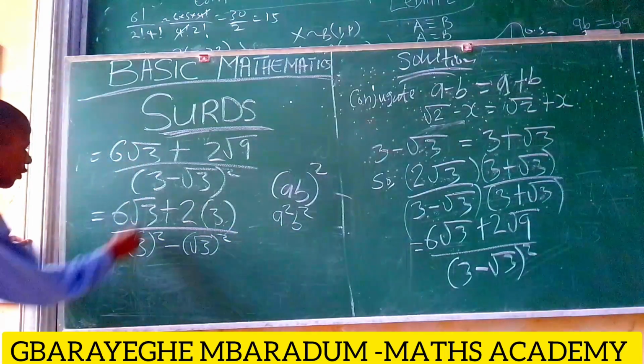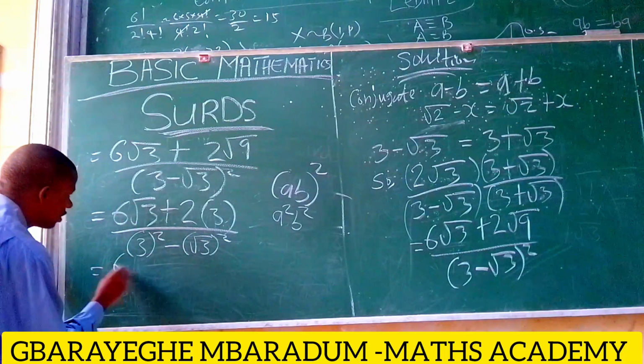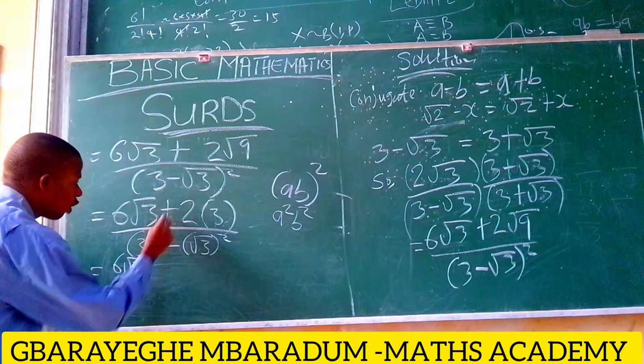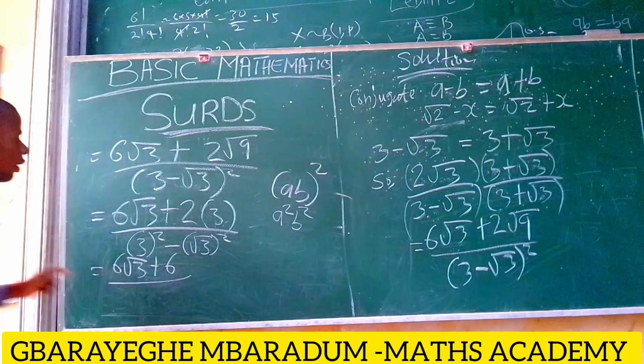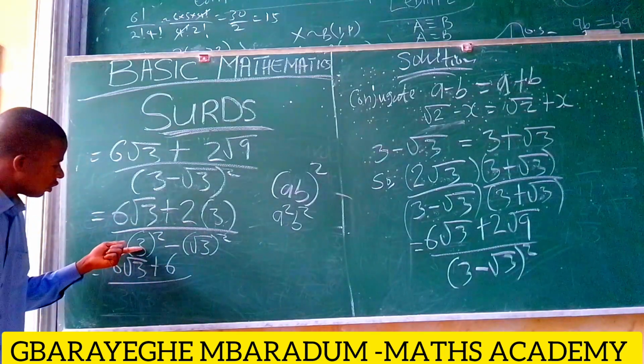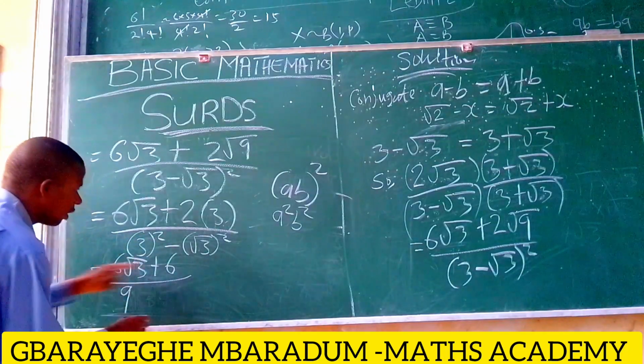Now at this point in time, we are still going to have, equals to, on the numerator 6 root 3, plus 2 times 3 is 6, all over. Now you come to the denominator. 3 squared is 9, there is a minus here.